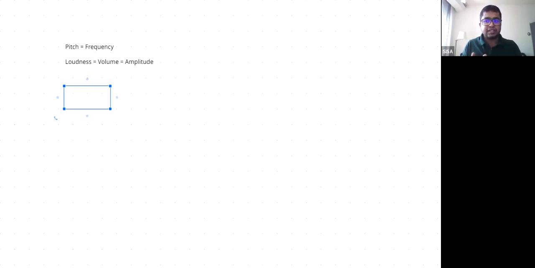In your Cambridge and Edexcel exam, especially in Cambridge and term tests, if you see the words high and low, that means you are referring to pitch. There's nothing called high volume or high sound, which is for loudness. If you say high and low, that is for frequency. So always when you want to describe frequency or pitch, or if you see something called high and low, that is related to pitch or frequency.